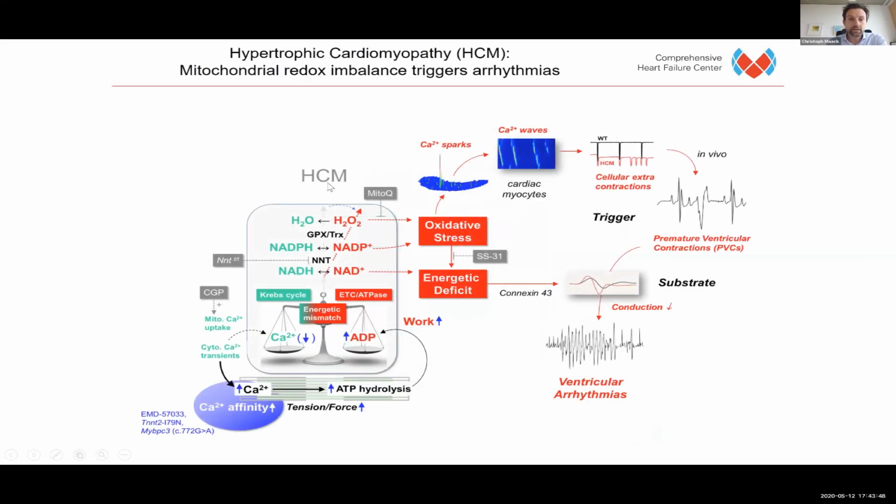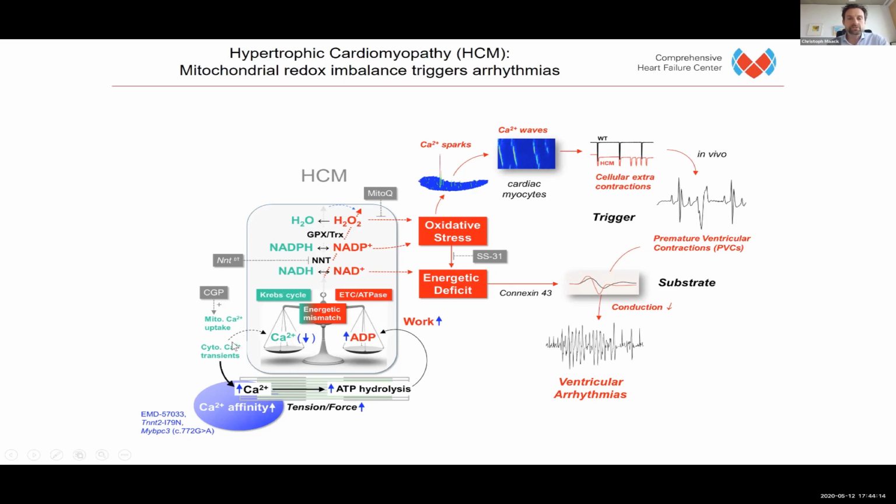In hypertrophic cardiomyopathy, this redox balance is in imbalance because the increased calcium affinity at the myofilaments provokes an excessive consumption or hydrolysis of ATP, which drains electrons from the respiratory chain, which under normal conditions should be balanced by calcium-induced stimulation of the Krebs cycle.